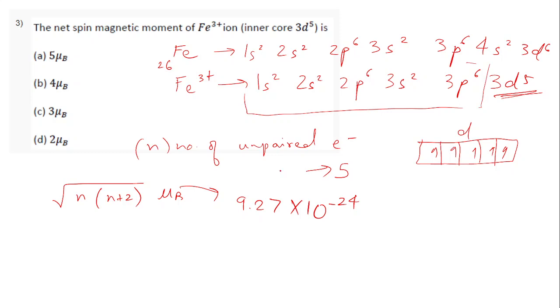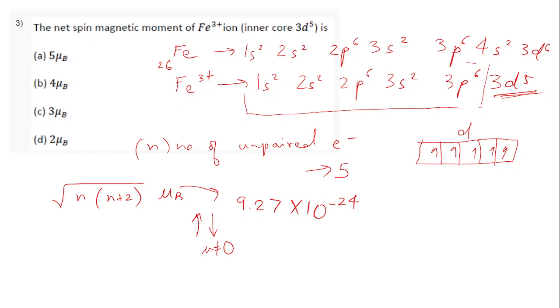Anyway, we'll see this later. This is the magnetic moment of one electron, represented by this arrow, and the magnetic moment of the whole atom we express in terms of the Bohr magneton, meaning in terms of the magnetic moment of one electron. If electrons are paired, then the magnetic moment nullifies. So we are only concerned with the number of unpaired electrons in that atom or ion.